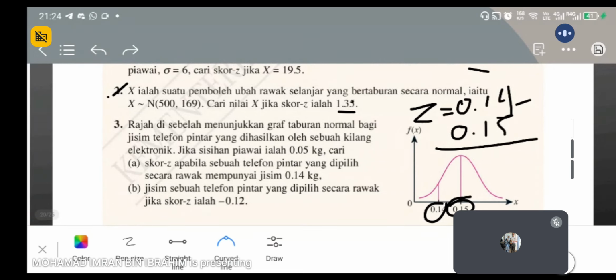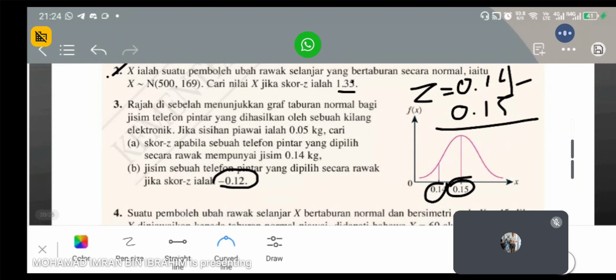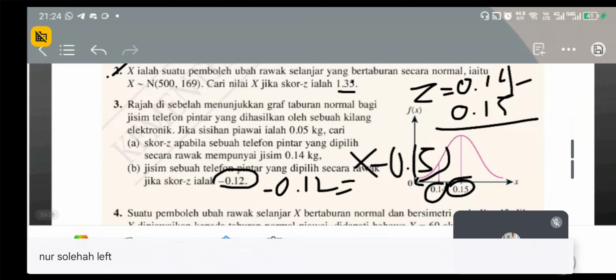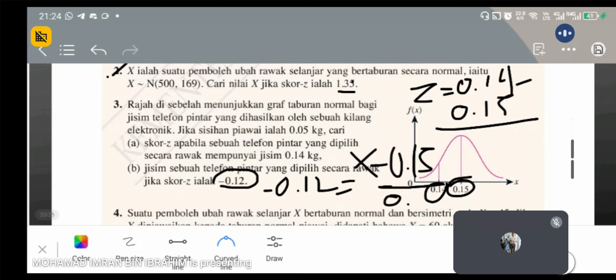Okay, B. Jisim sebuah telefon pintar yang dipilih secara rawak jika skor Z ialah negatif 0.12. So here we know that the Z score is actually negative 0.12. We know that. So again, we just put inside: X minus 0.115, now our distribution over here, we divide it by 0.05.